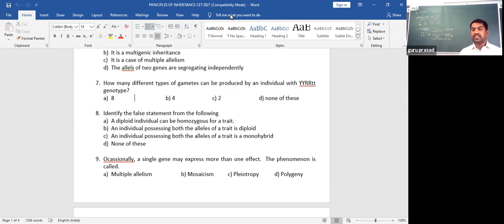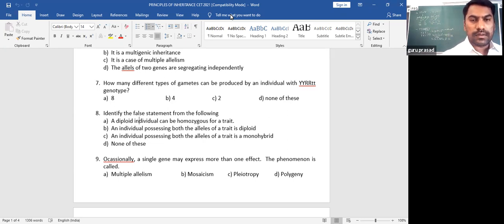What you obtain in the F1 generation is capital R, small r, capital Y, small y, two heterozygotes. Is it or not? So 2 to the power 2, that is equal to 4. So 4 types: capital R capital Y, capital R small y, small r capital Y, small r small y, 4 types of gametes. And that's how we put them in the Punnett square, isn't it? So this is the simple way of solving this type of question.